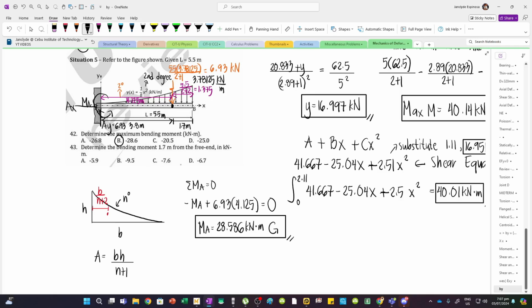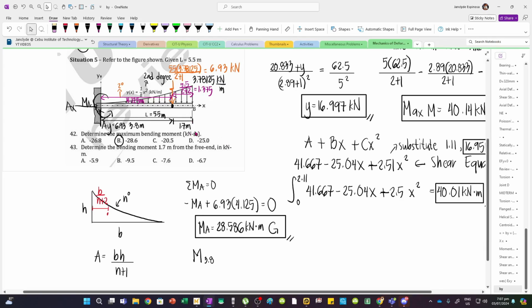Taking moments about this point, we can actually use integration since we already have the equation of this curve. So for the moment at this point, 3.8 from the fixed end, that's 1.7 from the free end, we have minus 28.586 because this is counterclockwise, and then plus AY, which is 6.93, multiplied by 3.8 meters.